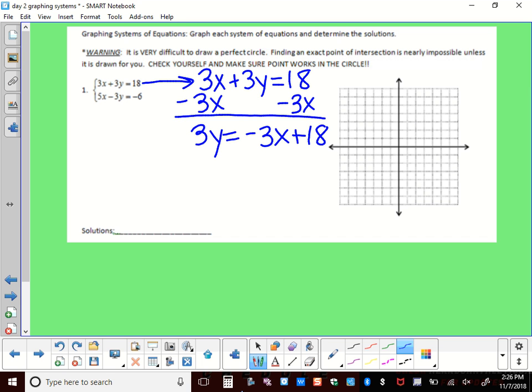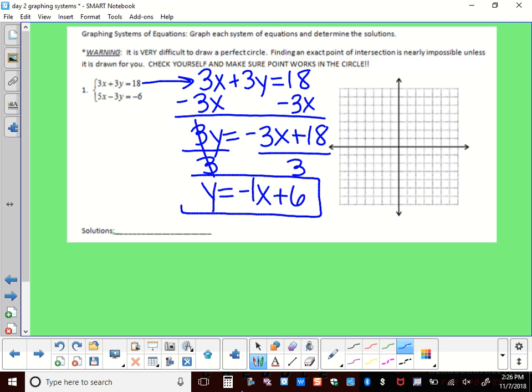Now what? Divide by 3. So my 3's cancel out. I have y equals negative x, or you can put a 1, doesn't matter, plus 6. All I did there was solve for y. So that's the blue one.